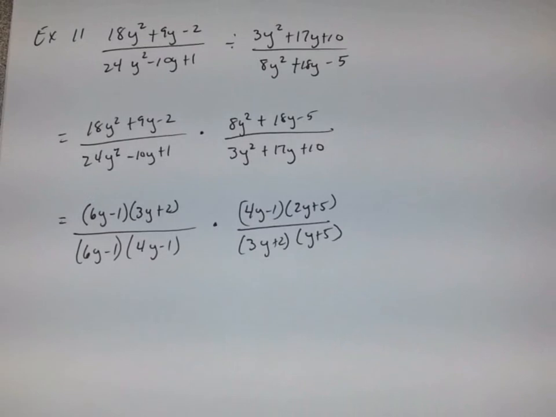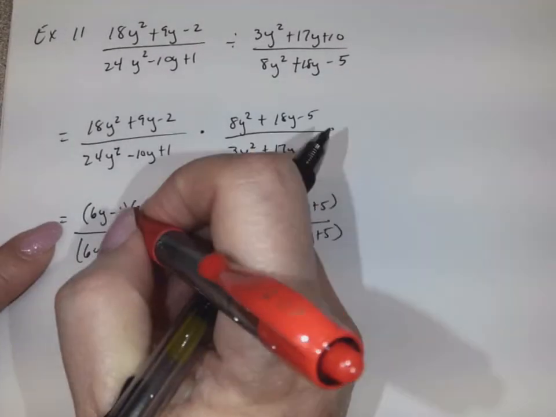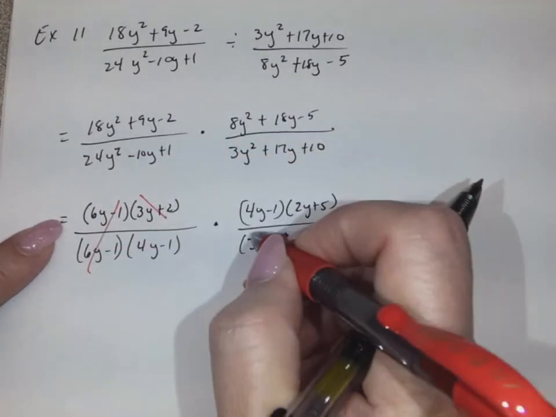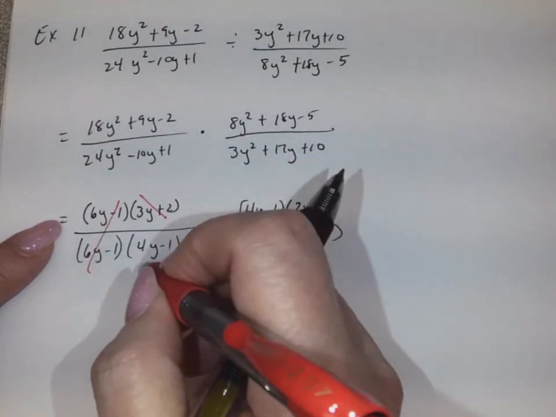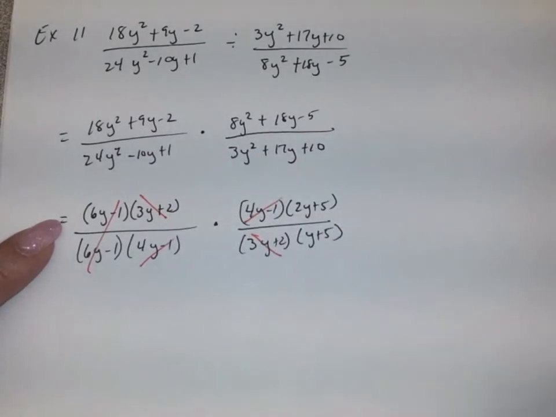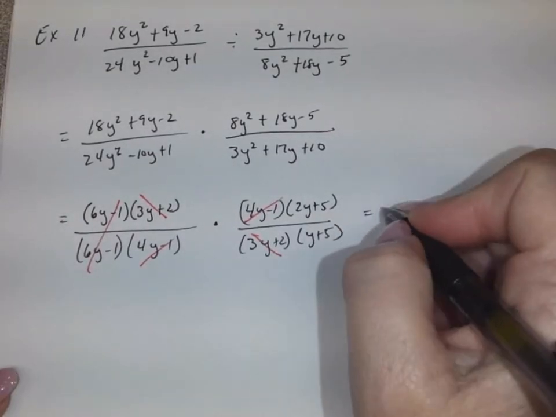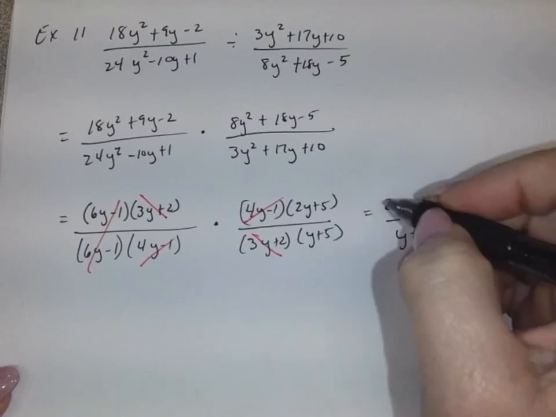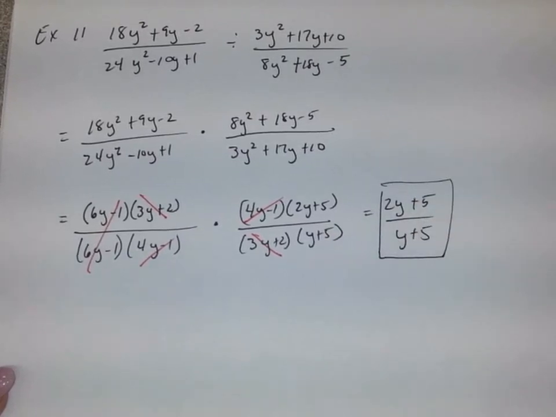So we factored all of our problems. So let's see what will cancel. We have 6y minus 1s that will cancel. We have a 3y plus 2 that cancels. We have a 4y minus 1 that cancels. So the only thing we have left is 2y plus 5 over y plus 5. And that would be our final answer.